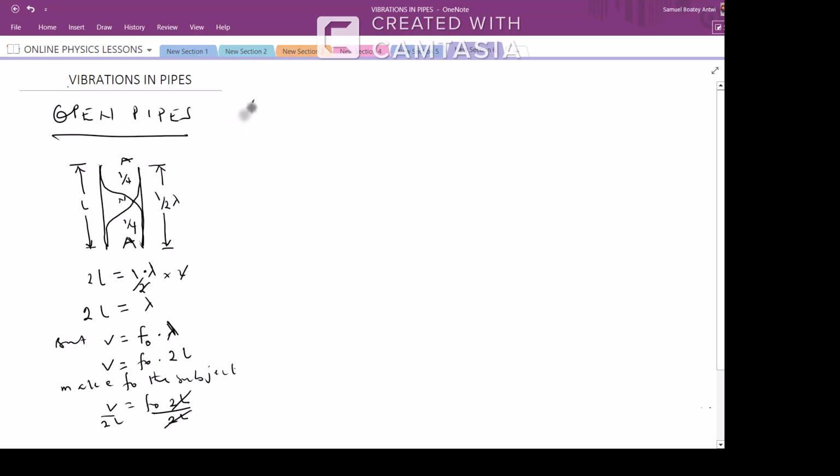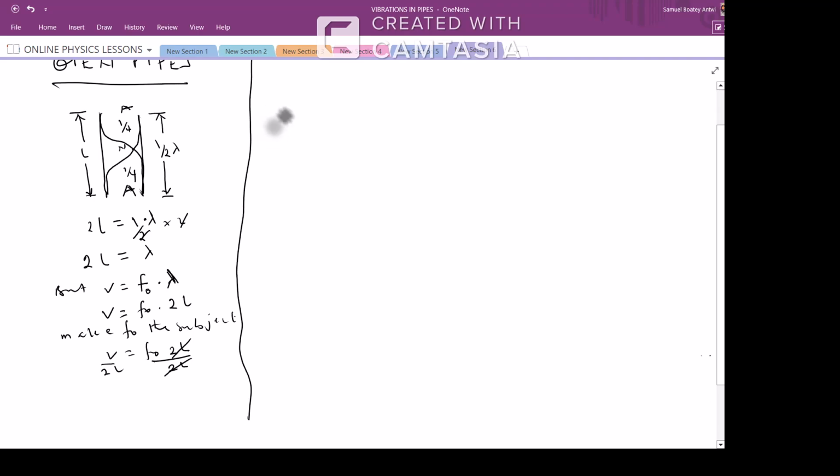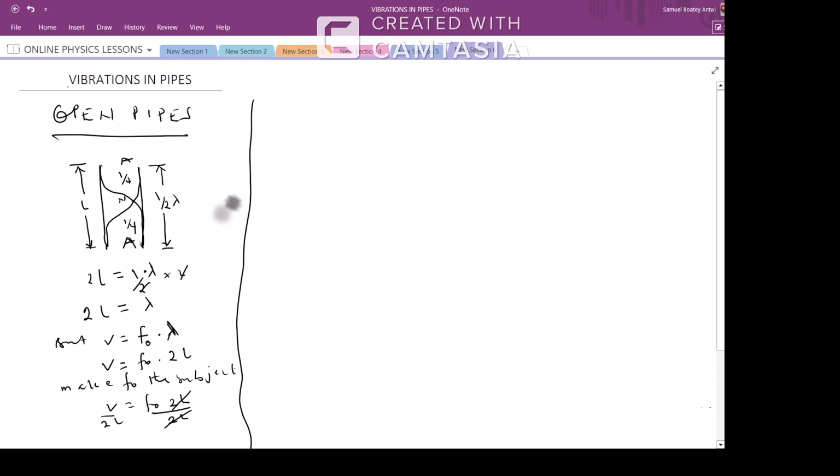And then our fundamental frequency becomes F naught equals V over 2L. So this is how you find the fundamental frequency in open pipes.